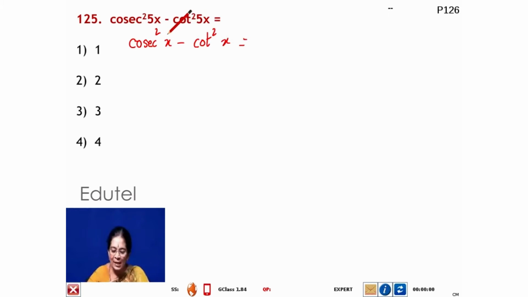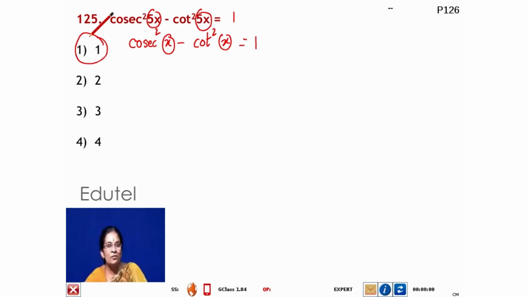The only thing is, in place of x, you have 5x everywhere. So what will be the answer for this? Yes, it will be 1. Because cosecant square x minus cot square x is 1, cosecant square 5x minus cot square 5x is also 1. Again, you will go to the first option.